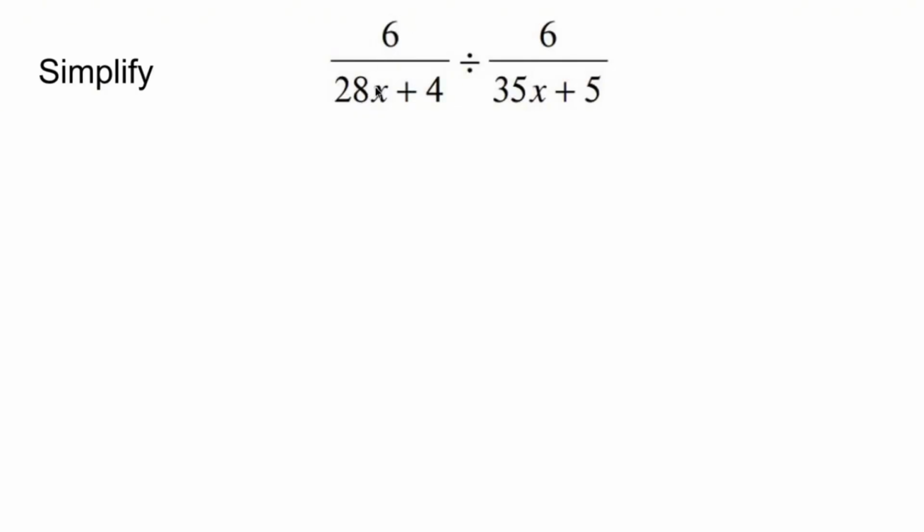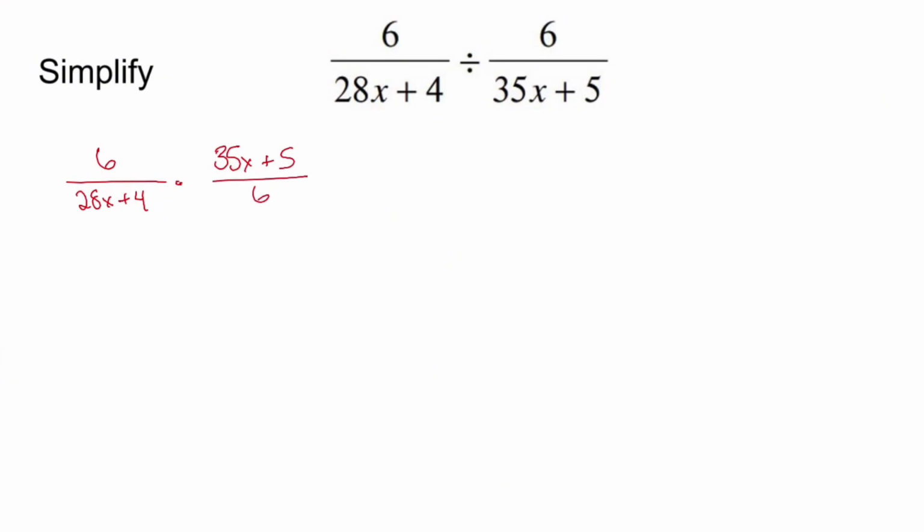Simplify 6 over 28x plus 4 divided by 6 over 35x plus 5. If you notice right away that you're dividing a fraction, rewrite it, and instead of saying divided by a fraction, say this, multiply the reciprocal. So 35x, not 3x, oh, that's a close one. 35x plus 5 over 6.